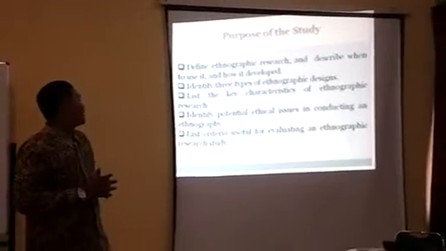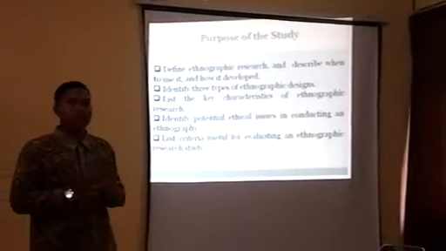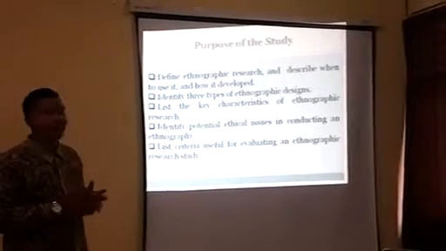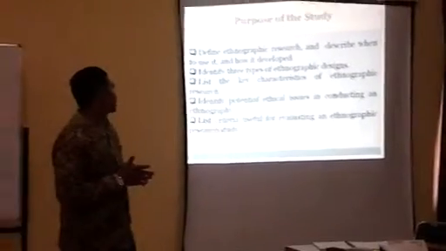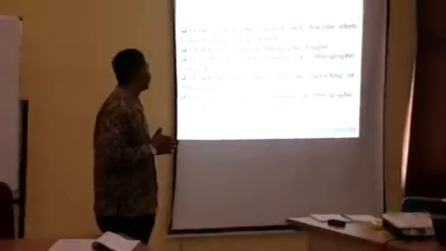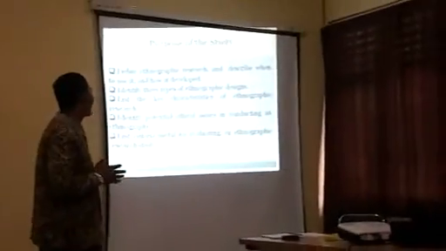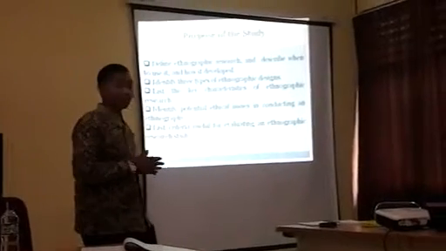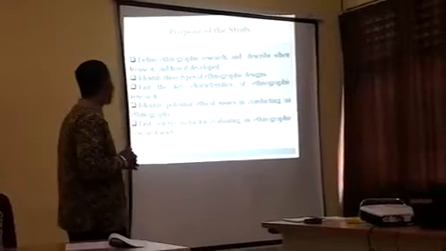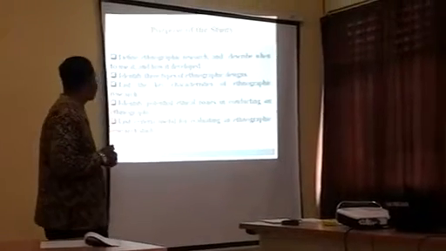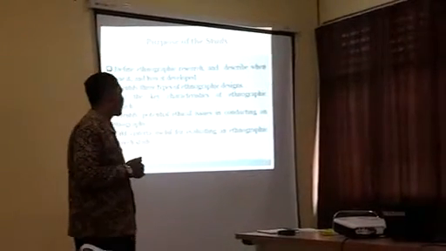Okay. In this chapter, I would like to show you the purpose of this study. The first one is to define ethnographic research and describe when to use it and how it developed. The second one is to identify the three types of ethnographic design.